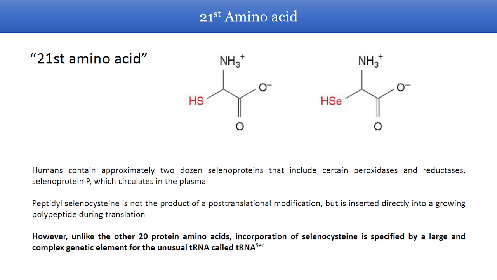Now peptidyl selenocysteine is not the product of a post-translational modification, but rather it is directly inserted into a growing polypeptide during translation. However, like the other 20 amino acids, incorporation of selenocysteine is specified by a large and complex genetic machinery, including the unusual tRNA called tRNA SEC.